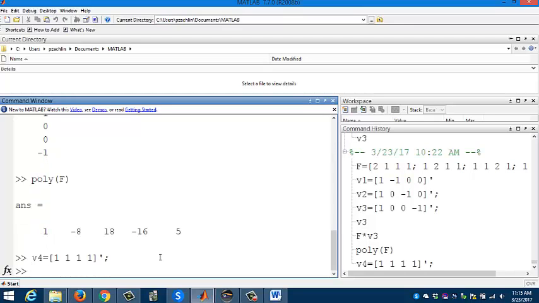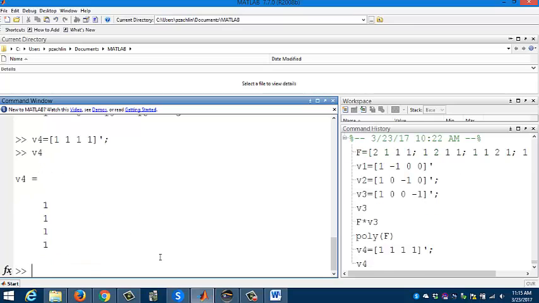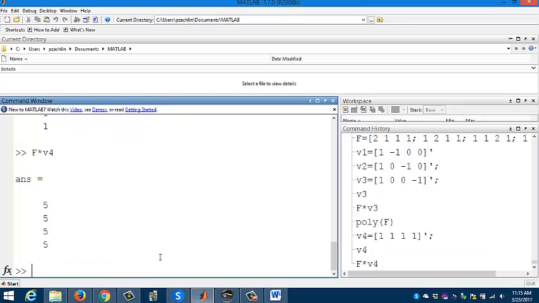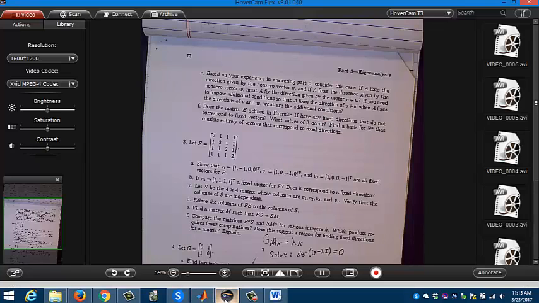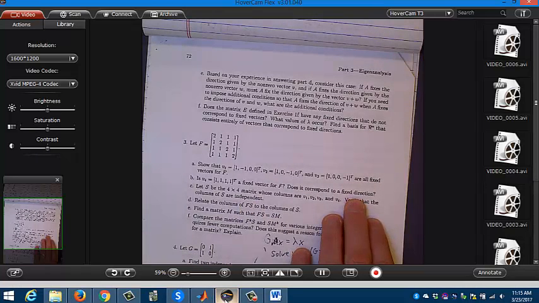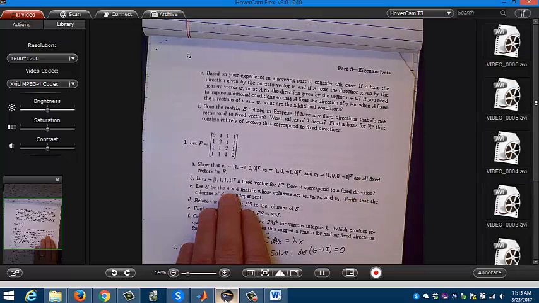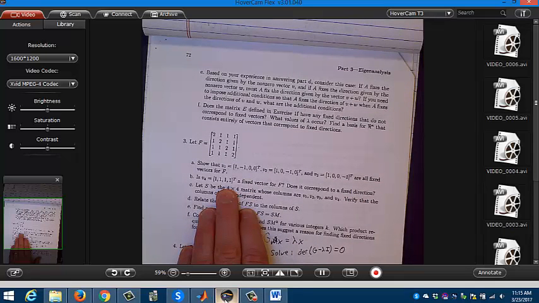And so now I can do F times V4, and I can see that, yes, 5 is also an eigenvalue. So does it correspond to a fixed direction? Remember, back then we didn't have any of this language. We were just like, what are these things? And I was trying to show you they're fixed directions. A times this V4 is the same as 5 times that V4. That was the point.